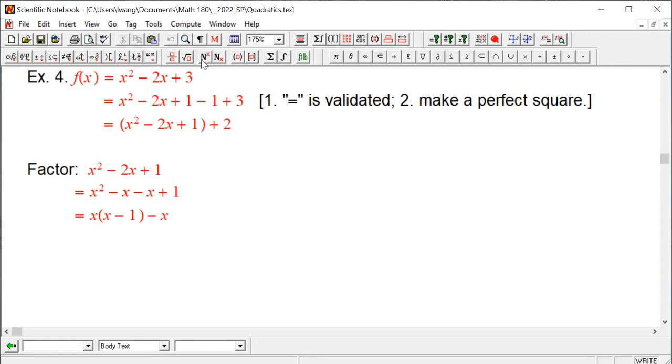Between these two, I factored out the negative sign, so that becomes x minus 1. And x minus 1 is the common factor now.